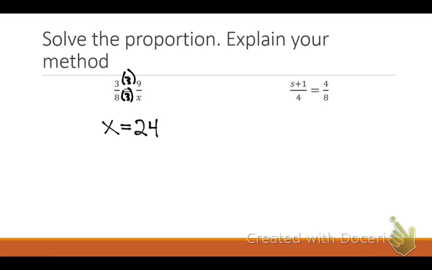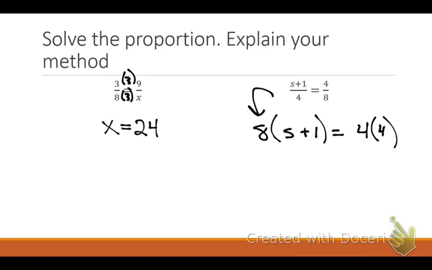On the next one, I have to do cross products because of my distributive property. How did I know that 8 was the number that needed to go out here? Because that's my cross product to s plus 1. And then I have 4 times 4. So I have 8s plus 8 equals 16.